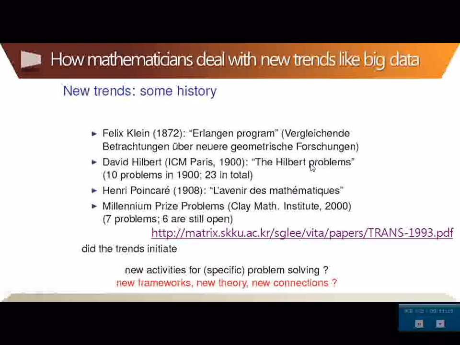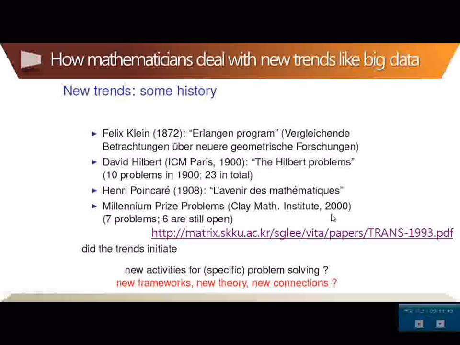Hundreds and thousands of mathematicians worked on these problems, which led to the great development of mathematics in the 20th century. Henri Poincaré also showed a direction to work on for the 20th century.